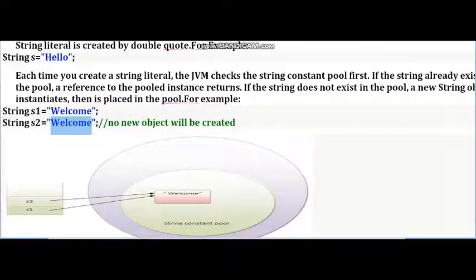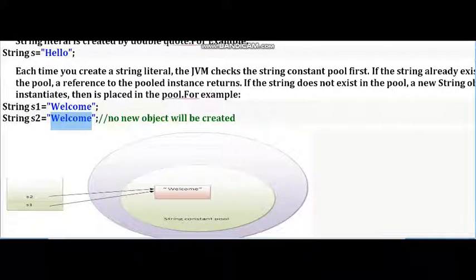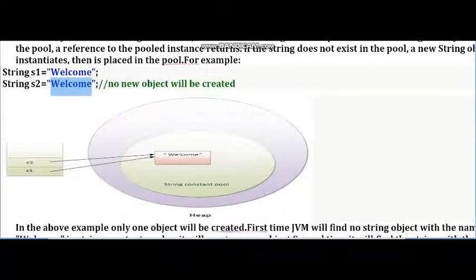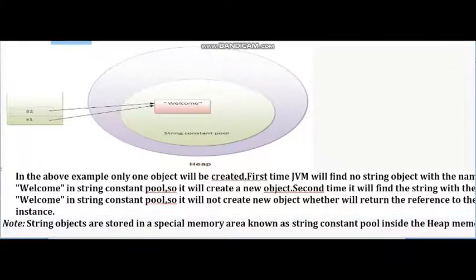When the JVM checks and it matches, no different object is created, both are pointing to the same string. You can see in the diagram too, welcome is stored once but you have created it twice, both are pointing to the same string. So this is what a string literal is.